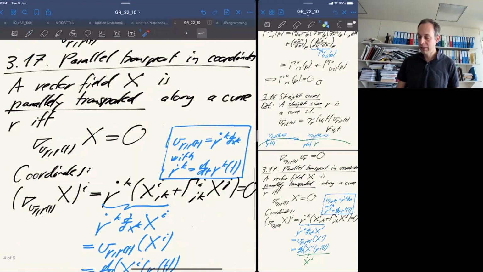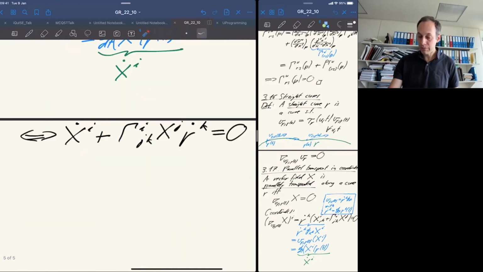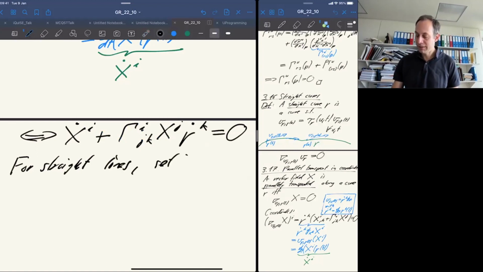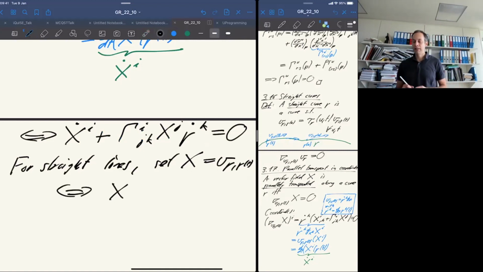So in other words, for straight lines, we just have to set x to be equal to the velocity vector. So in words, a straight line is a line whose velocity vector is parallelly transported.